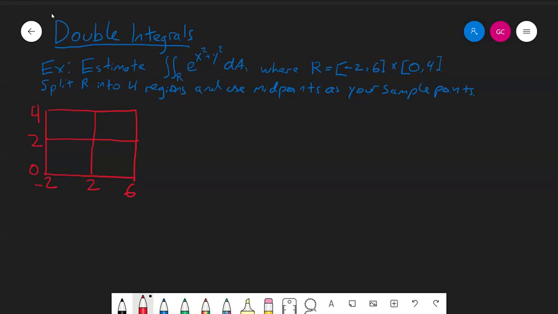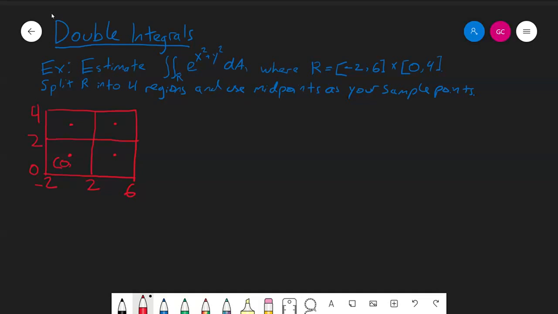And we want to find their midpoints now, because those are going to be the sample points that we use. And each midpoint again comes from averaging the x values that bound that little region and the y values that bound it. So for example, this one here, the x value is the average of -2 and 2, which is 0.